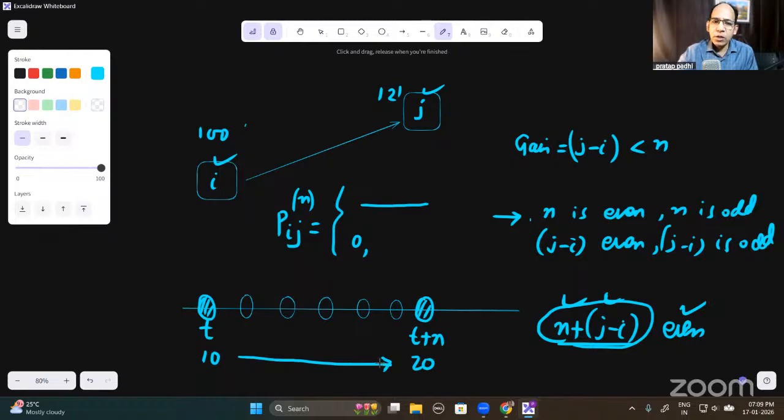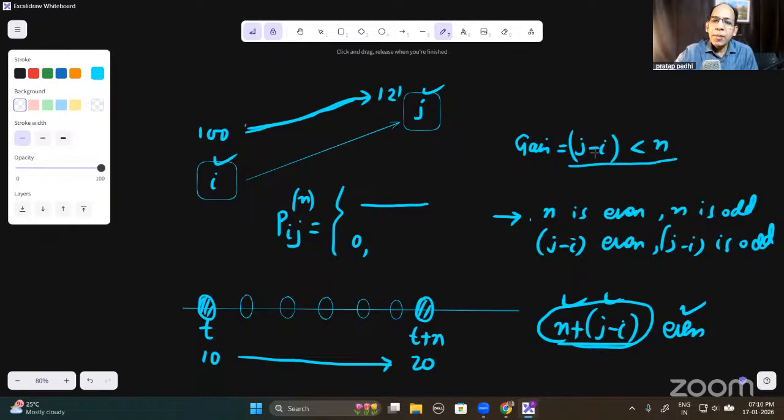In 10 tosses, if I win each toss, then also I will go from 100 to 110 only. I can never go to 121. So if the number of gains I want is more than the number of attempts I'm allowed to play, then it's impossible.